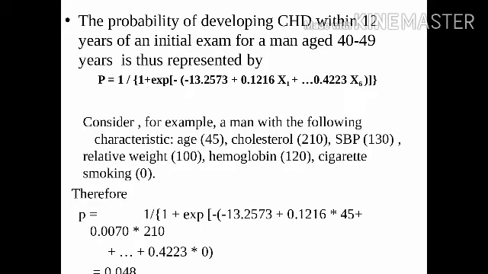Then p equals 1 divided by 1 plus exponential of minus (beta naught plus beta 1 x1, where we put the value of x1 as age 45, plus 0.0070 into x2, where x2 is the cholesterol level, and we put its value here, and so on). Finally we get p equal to 0.048.